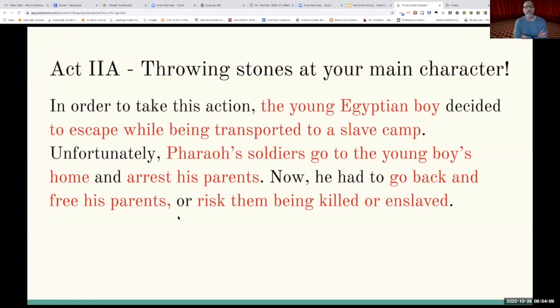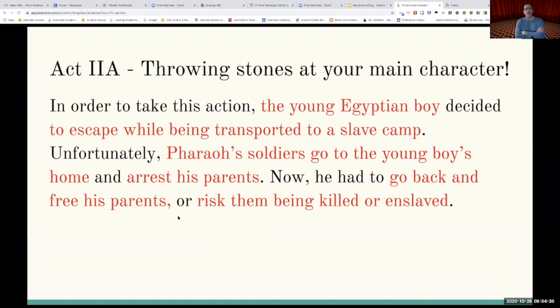So in order to take this action, the young Egyptian boy decides to escape while being transported to a slave camp. He gets captured by Pharaoh's soldiers, and then he's being transported to a slave camp. So he escapes. Unfortunately, Pharaoh's soldiers go to the young boy's home and arrest his parents.